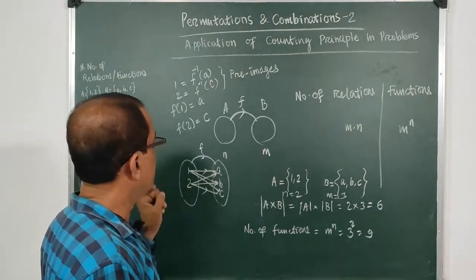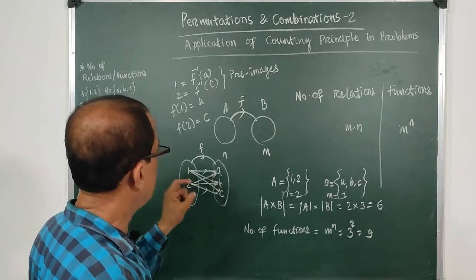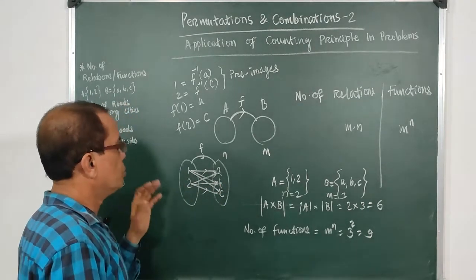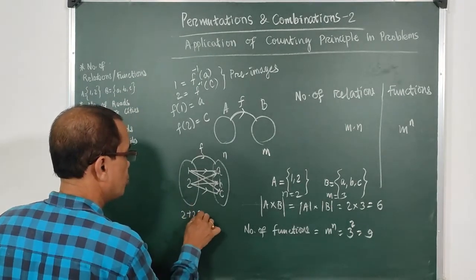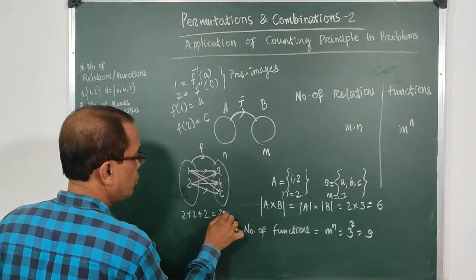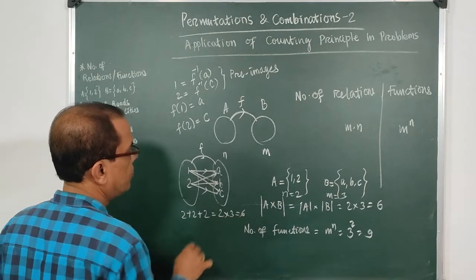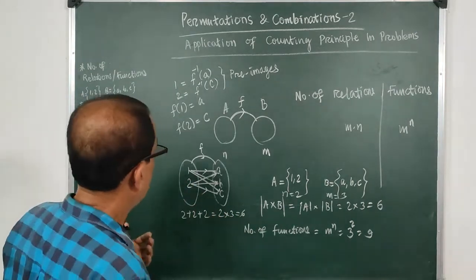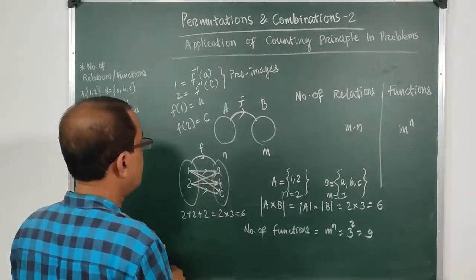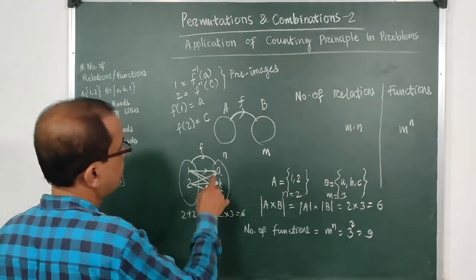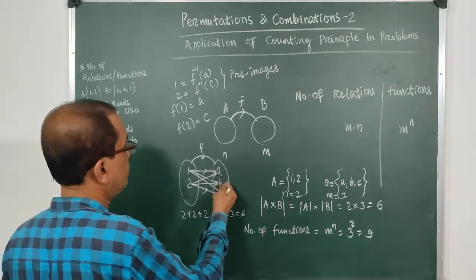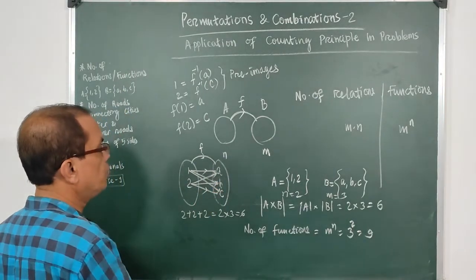A has 2 images, B has 2 images, C has 2 images. If you count the images, there will be 2 plus 2 plus 2, which is 2 into 3, that is 6. But when you think of pre-images, A has 2 pre-images, B has 2 pre-images, C has 2 pre-images.